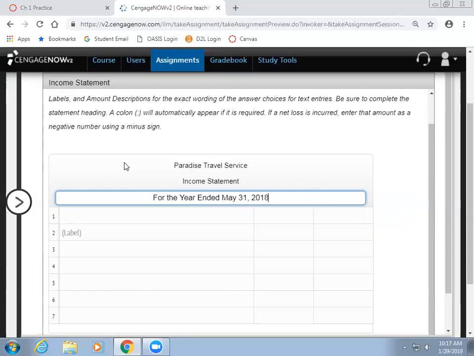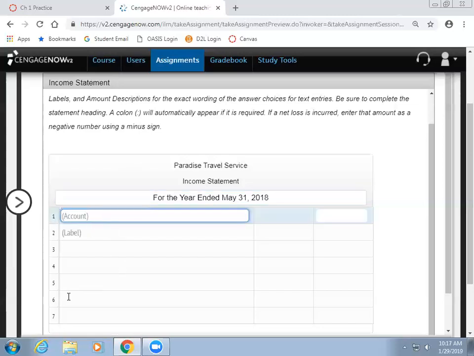As you can see, if you type it wrong, it will turn red, which is helpful too. And this was on that label instructions that it gave me as well. So this is my official header in accounting for an income statement. As you see, it's centered over the whole statement. We have the company name, the statement, and then for the year ended May 31st. So we're showing revenues minus expenses for the whole year ended. Okay.